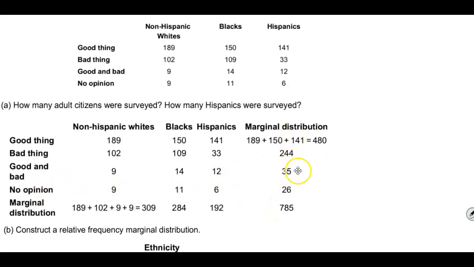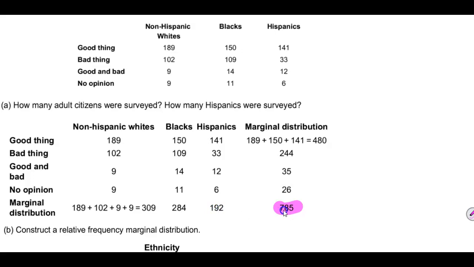Now, for the total of the marginal distribution column, if we add up 480, 244, 35, and 26, we get a total of 785. And likewise, if we add up the row for the marginal distribution, 309, 284, and 192, it would be 785.